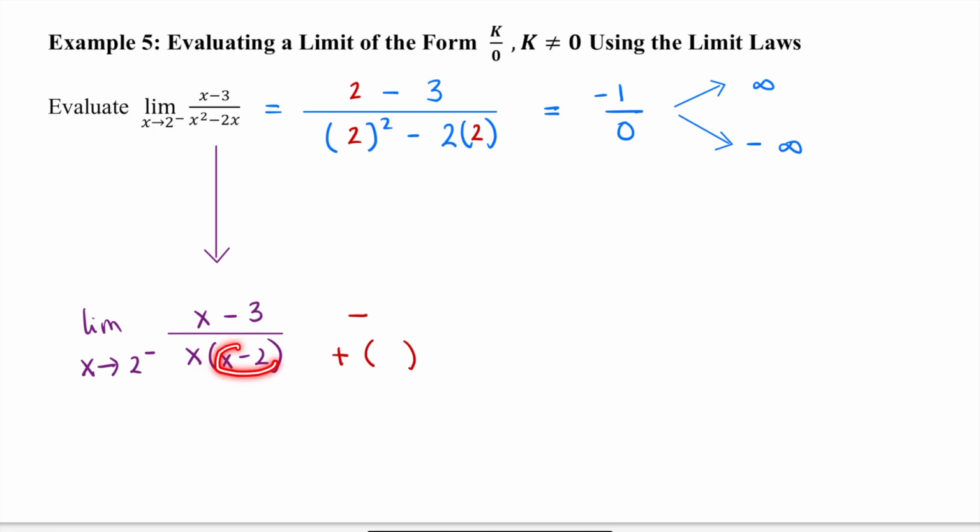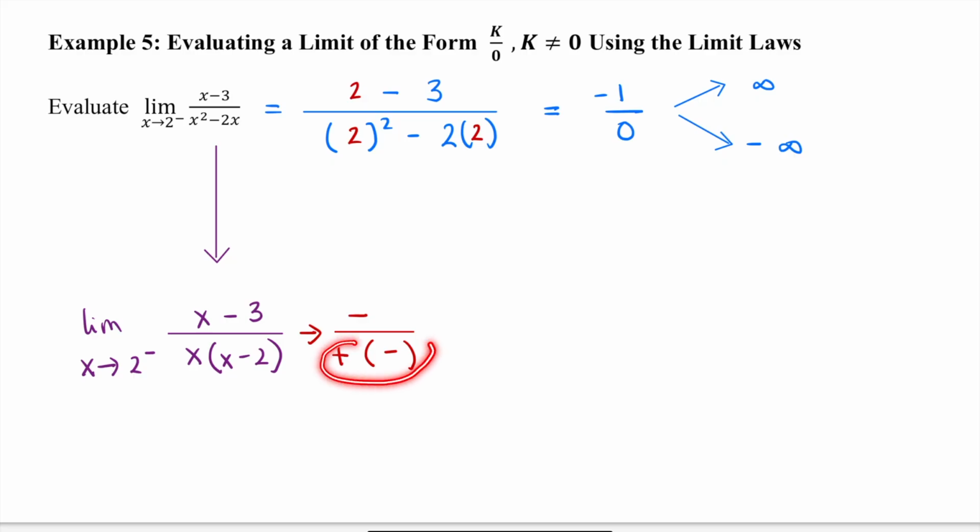X minus 2 is negative because x is slightly less than 2. So now I have negative over positive times negative.